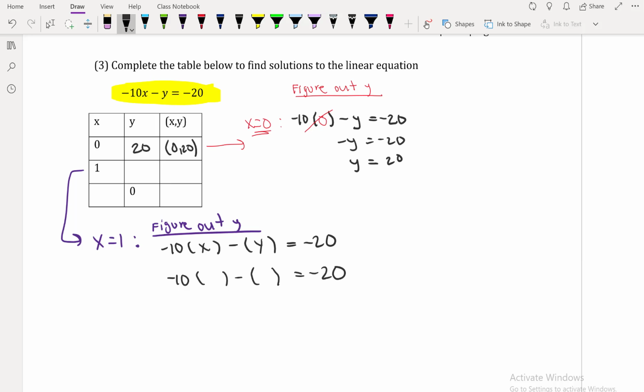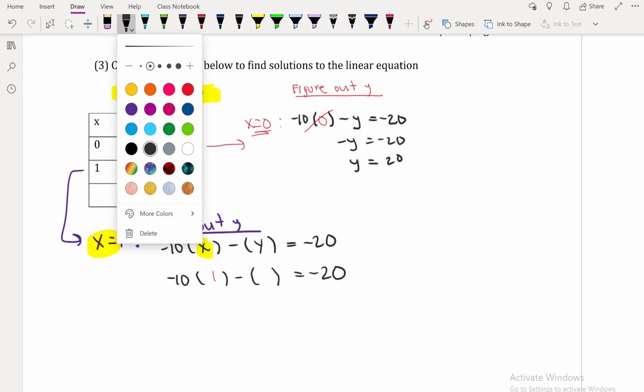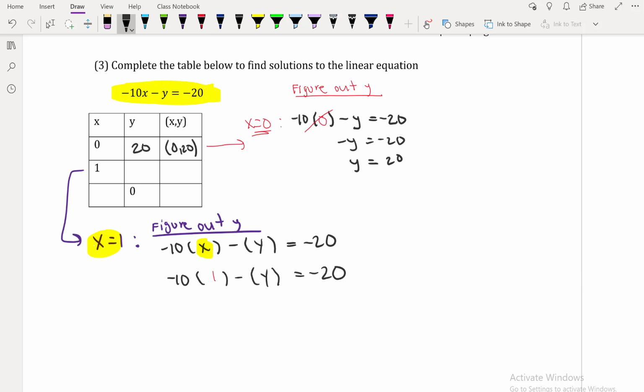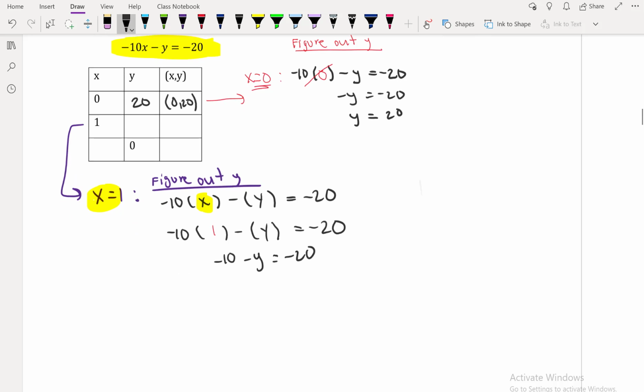And I went ahead and put parentheses around the variables x and y, so that way you know what you're plugging in. So here, the x value that I'm plugging in here is 1. So if I plug in a 1, then I'm going to get that negative 10 minus y is equal to a negative 20.